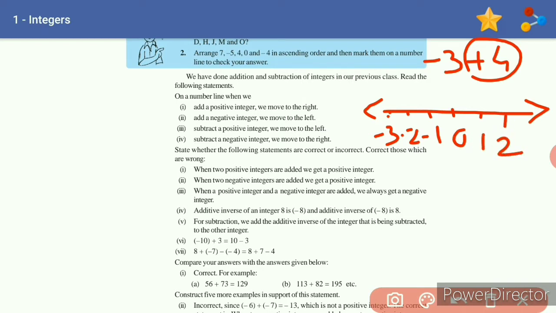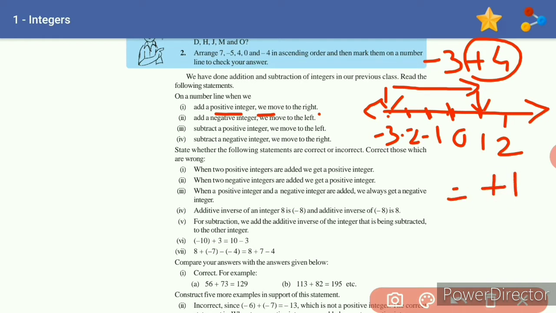First we have to mark -3. Where is -3? Here. Now I want to add +4. What is written here? Add a positive integer, we move to the right. So move to the right up to 4 steps: 1, 2, 3, 4. So we move to the right side, and the answer is +1.